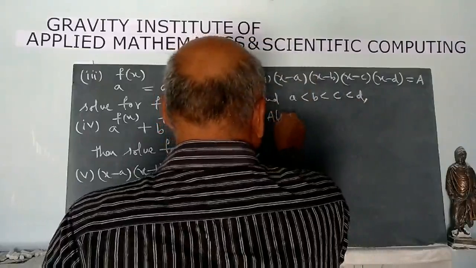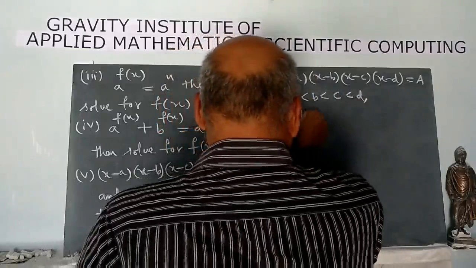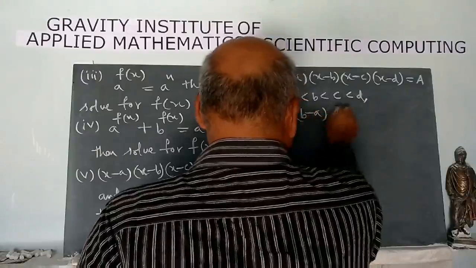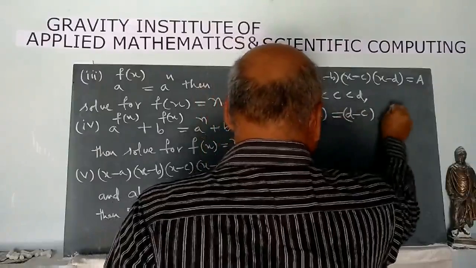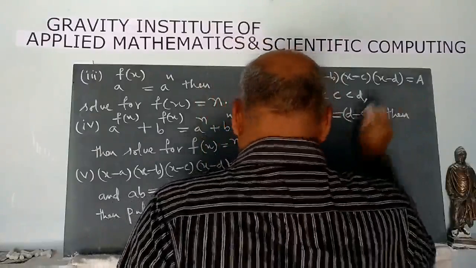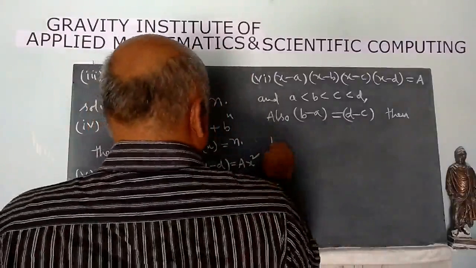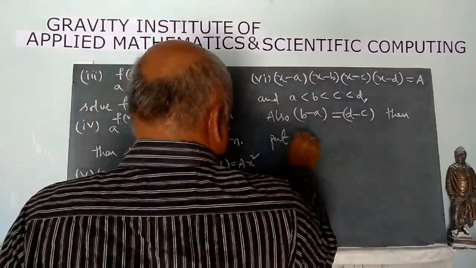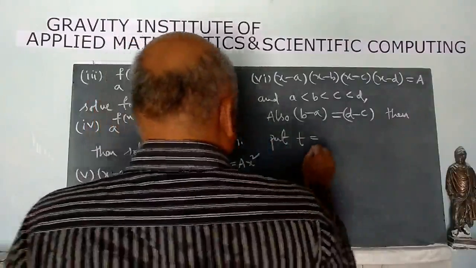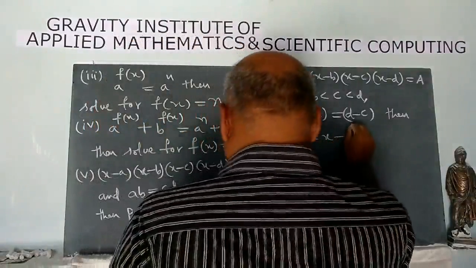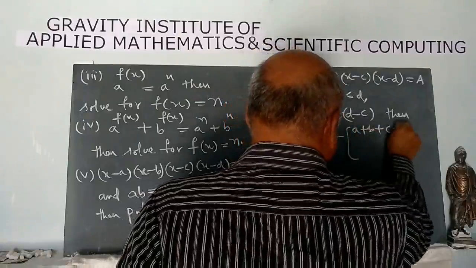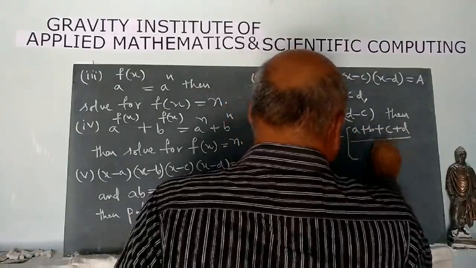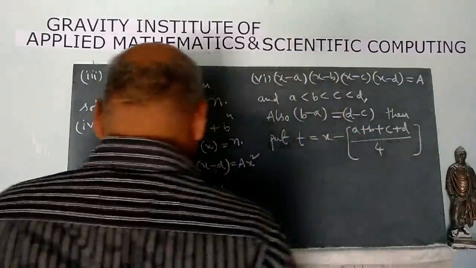Also b minus a is equal to b minus c, then put t is equal to x minus (a plus b plus c plus d) whole by 4.